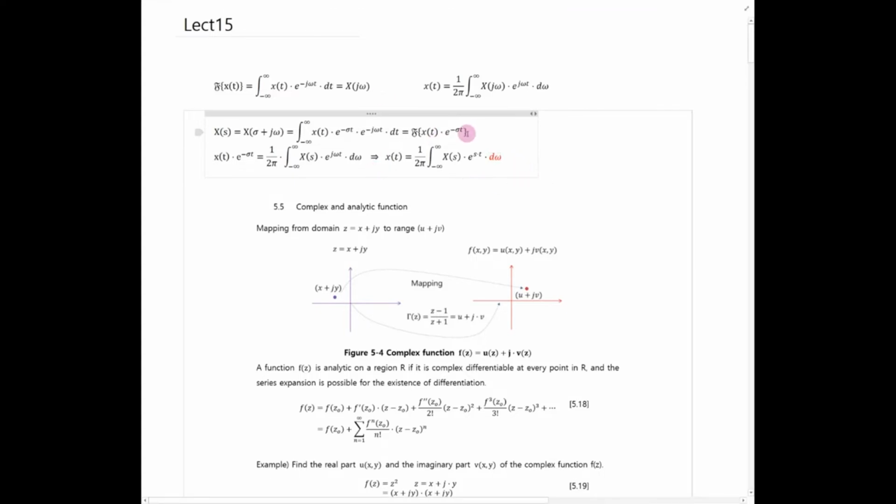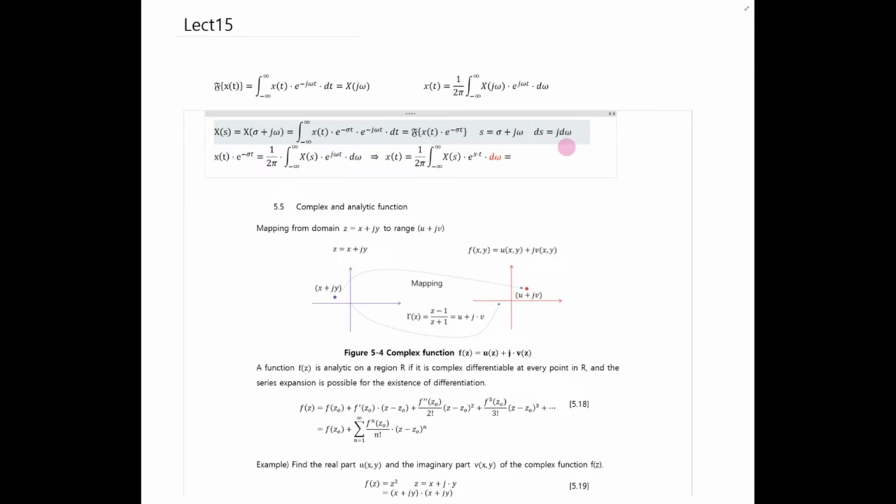But we know that s equals sigma plus j omega. That's why if omega changes from minus infinity to infinity, then s will change from sigma minus j infinity to sigma plus j infinity. And here we know that ds equals j d omega.